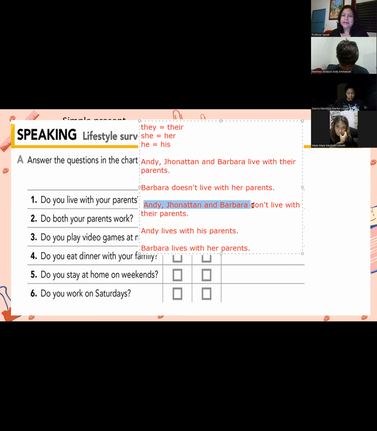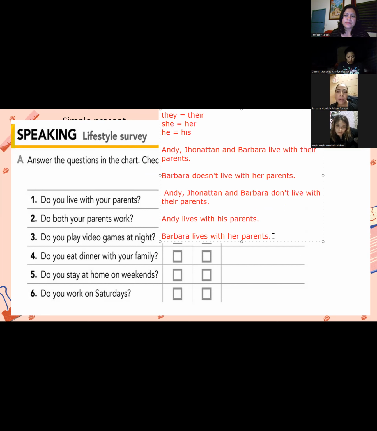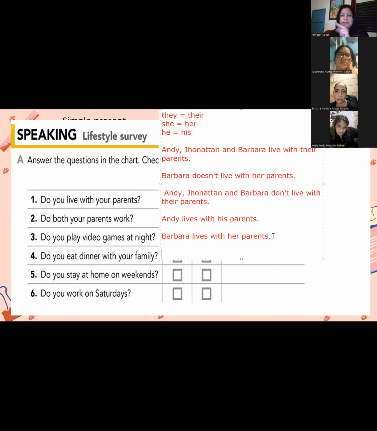Perdón, teacher, era la 2. Ah, number 2. Okay, both parents. Como habla de nuestros padres, no de nosotras, ahí tuvimos mucha confusión. Do both parents work? Es como si ambos padres, mamá y papá, trabajan.